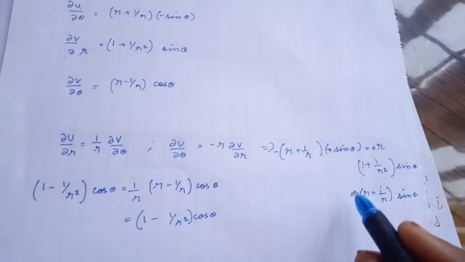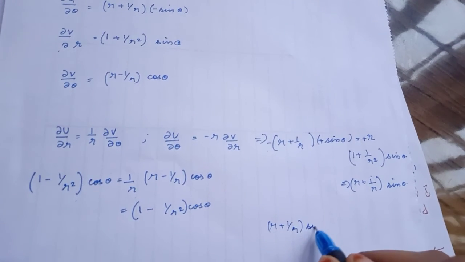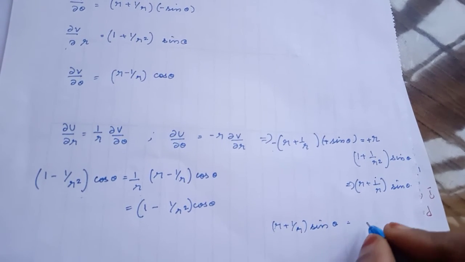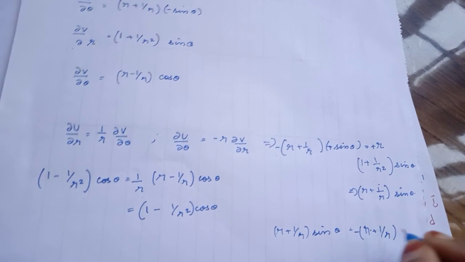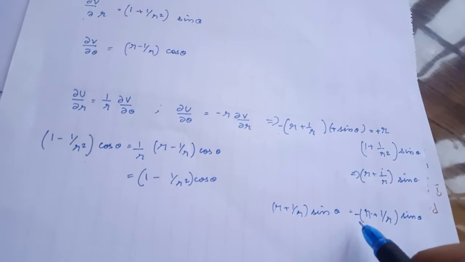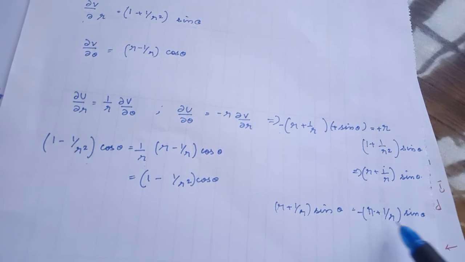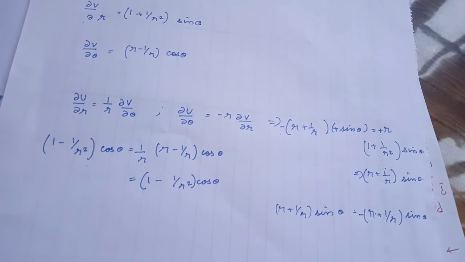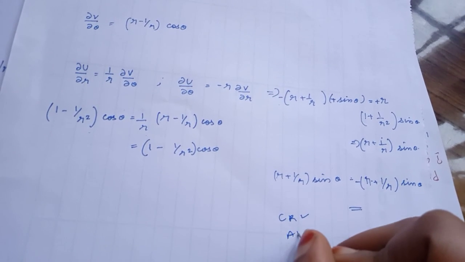If this minus shifts here, that will be r plus 1 by r of sin theta with this negative sign. So you can see that dou u by dou theta is equal to negative of dou v by dou r. Therefore the CR equation is satisfied and it is an analytic function.